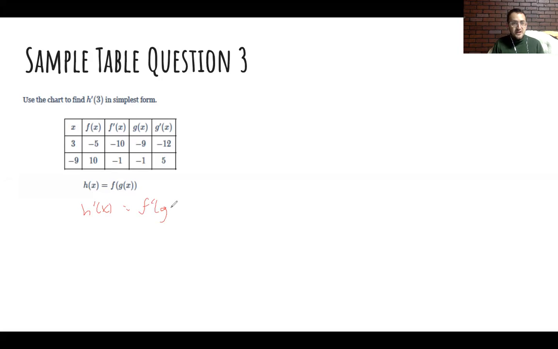So I'm going to do f prime of g of x times, it's a little multiplication, g prime of x. And if I want to find h prime of 3, I'm going to do f prime of g of 3 times g prime of 3.